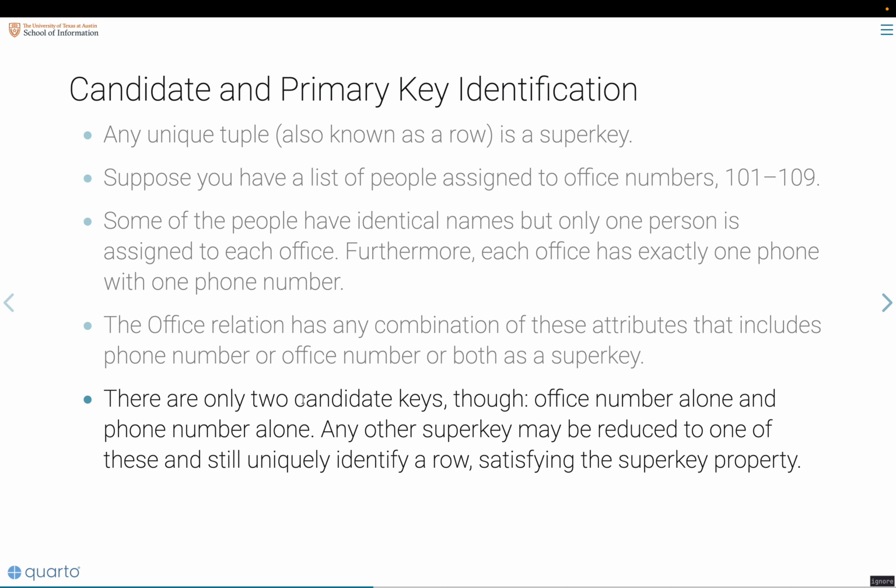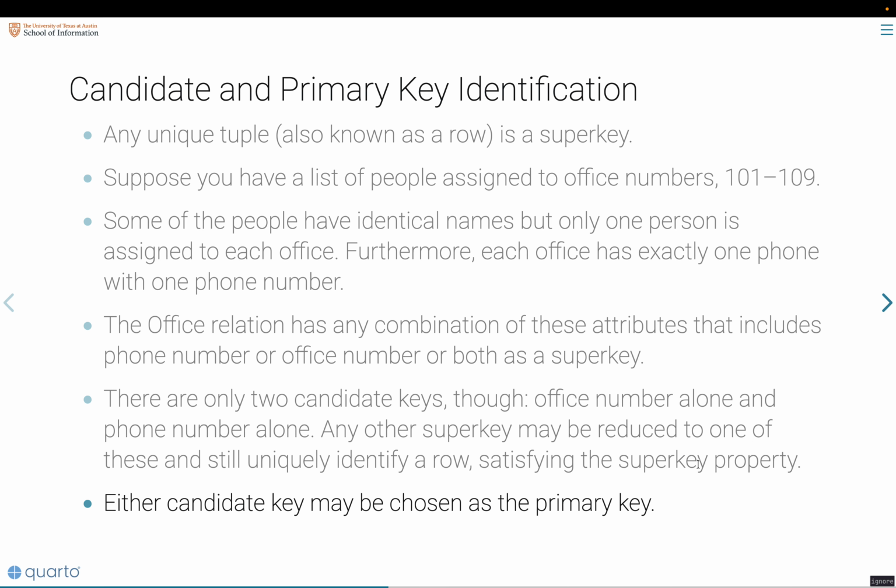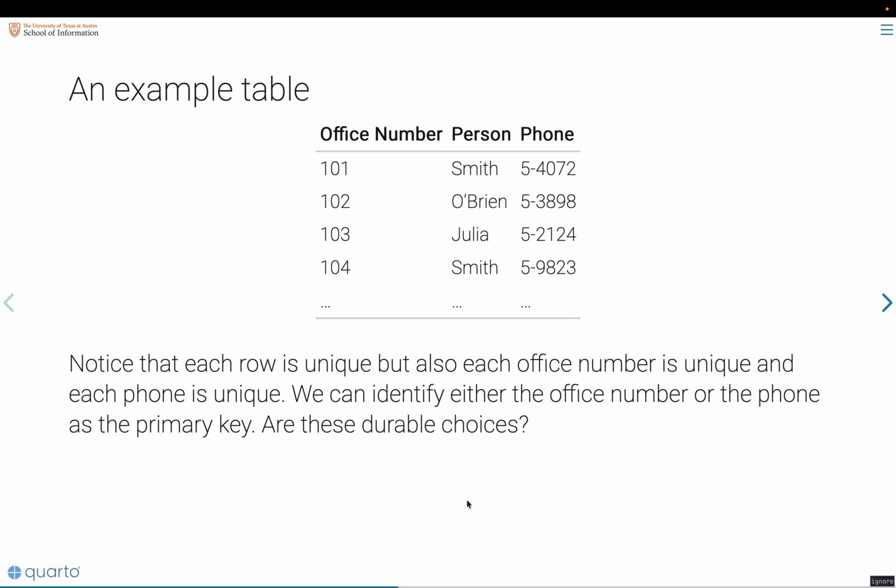There are only 2 candidate keys, though, office number alone and phone number alone, because any other superkey can be reduced to one of these and still uniquely identify a row satisfying the superkey property. And either candidate may be chosen as the primary key. So here we have real data that can be identified as the primary key instead of creating it.